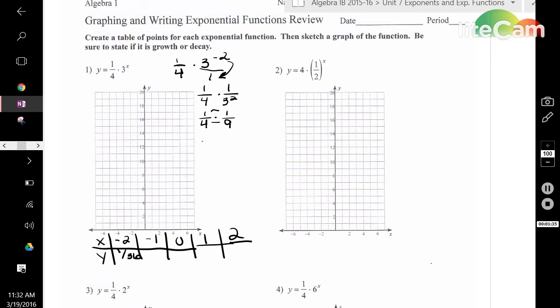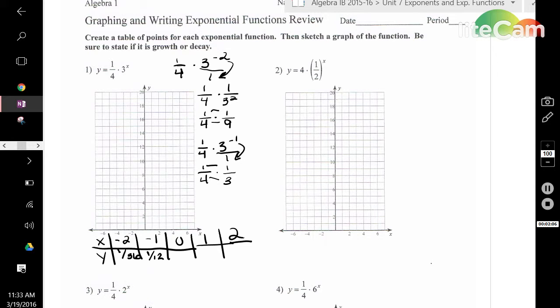Same process when I plug in -1. I'd have 1/4 times 3 to the -1st power. You cannot have a negative exponent, so we move it to the bottom of the fraction. We take the reciprocal. So it's 1/4 times 1/3. 3 to the 1st power is 3. So when you multiply the tops and bottoms here, 1 times 1 is 1, 4 times 3 is 12.